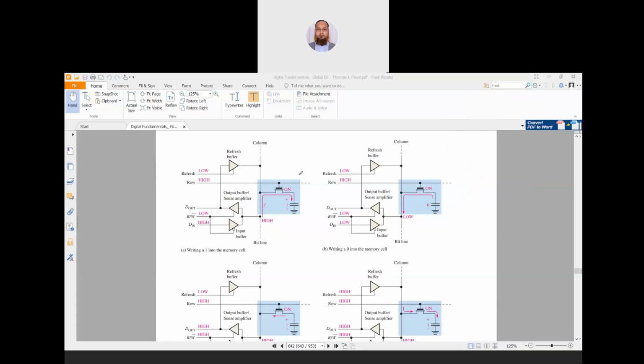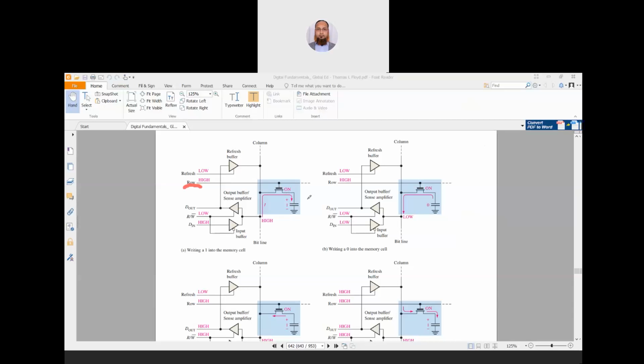A quick reminder: if we want to turn on this transistor, we have to apply a high signal on the gate. The signal on the gate is called the row signal. So we have to apply high here to turn this transistor on.